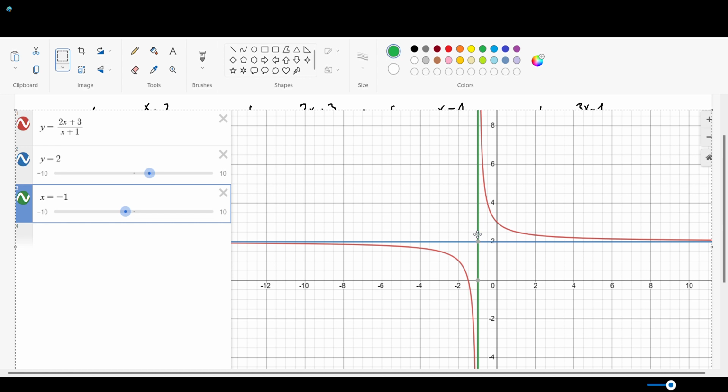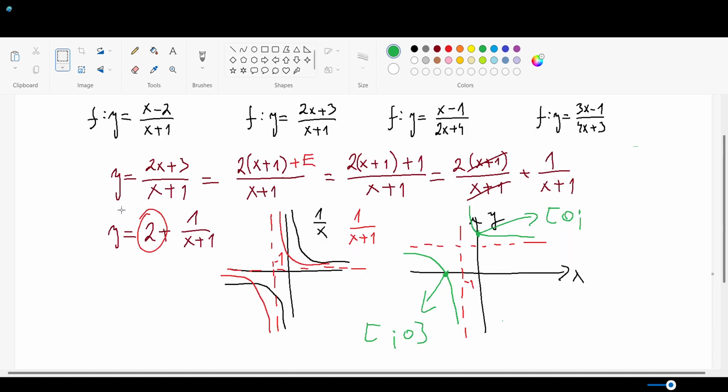Now I will show you the proof that this is really the same function as we simplified here. Let me do it again in Desmos. My function is 2 plus 1 over x plus 1.